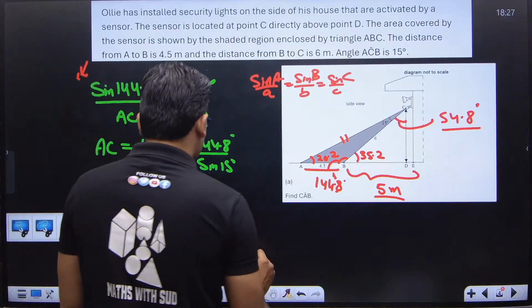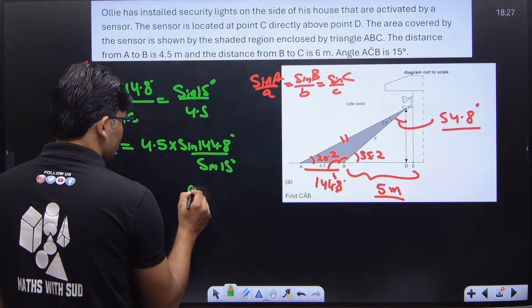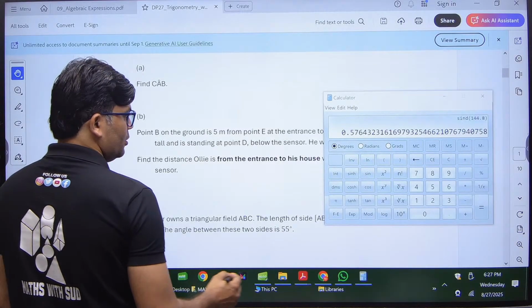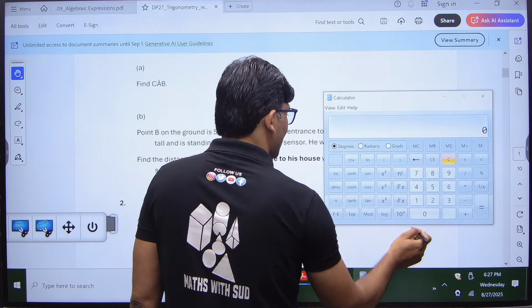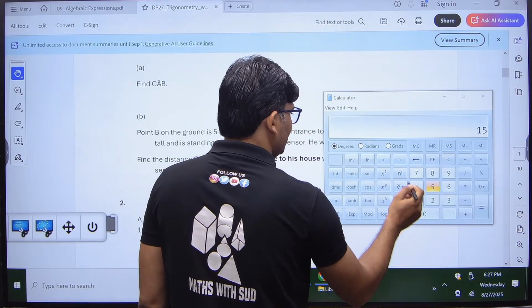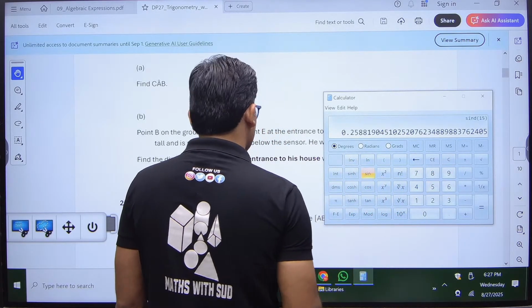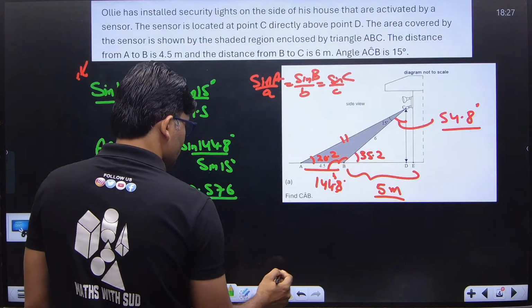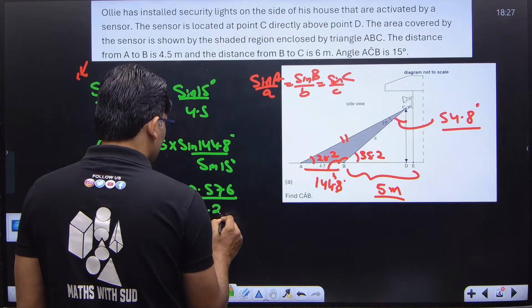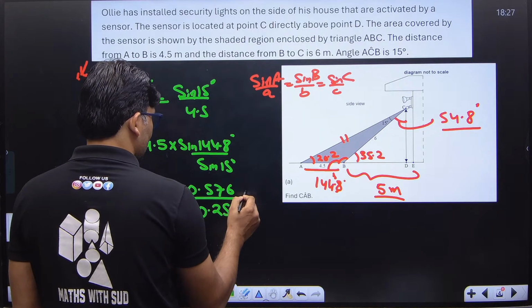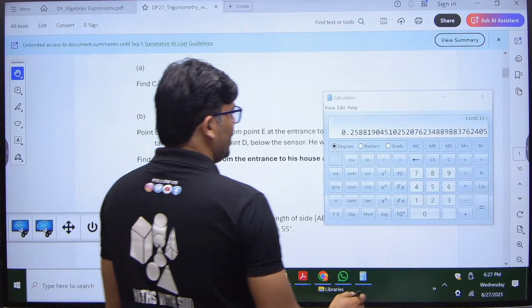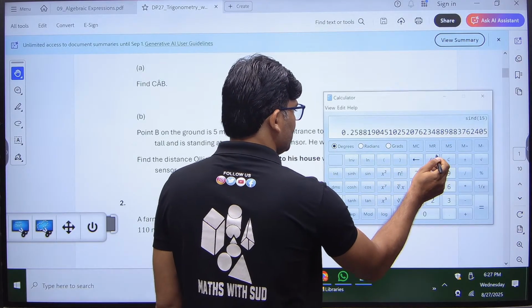So I will write it separately. 0.576 divided by. Now again I need to find 15 degree and then sine of that 15 degree is 0.2588. So I will write 0.258 multiplied by 4.5.